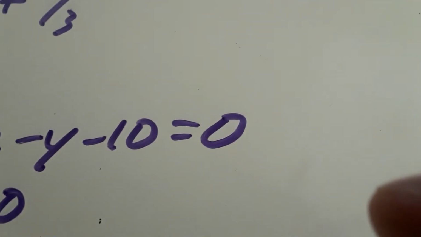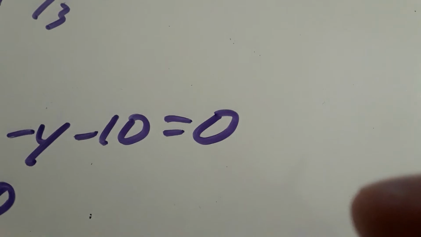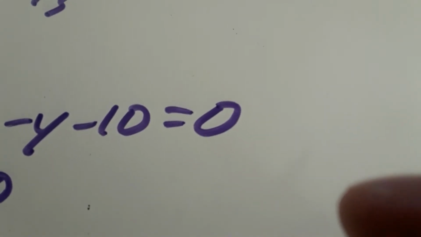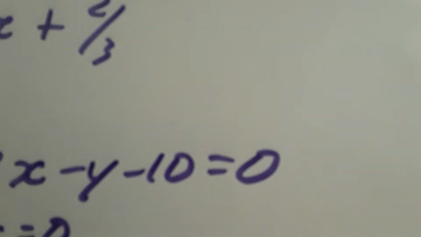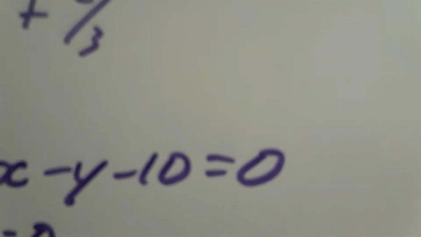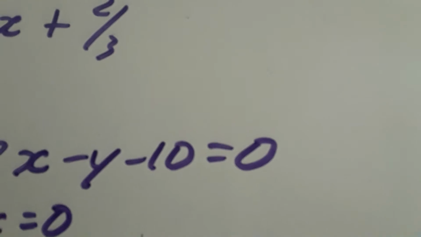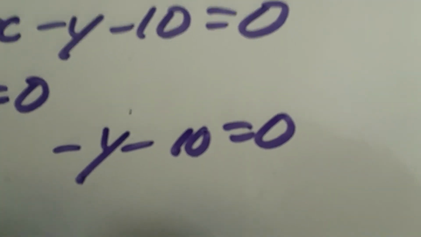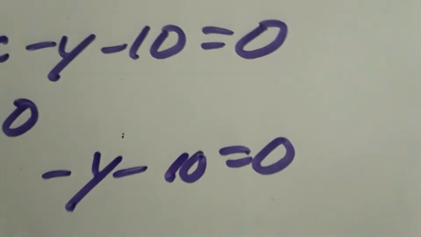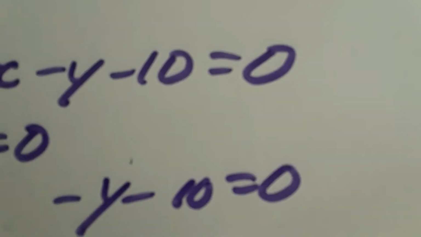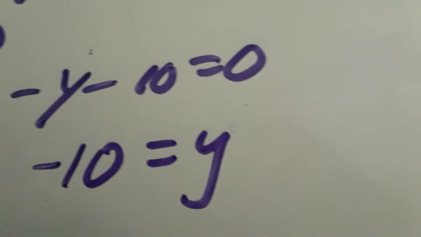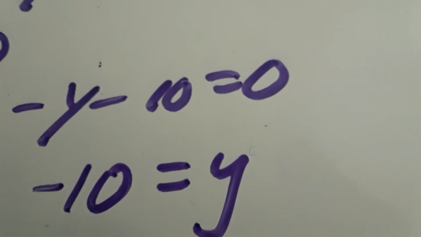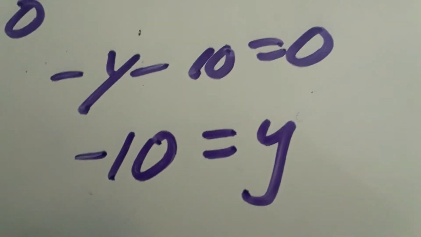So I'm going to take 2x out of your field of vision, and what we're left with is negative y minus 10 equals 0. And what I can do with negative y minus 10 equals 0 is I can put the negative y on the other side, and I end up with y equals negative 10. And we know that's the y-intercept.